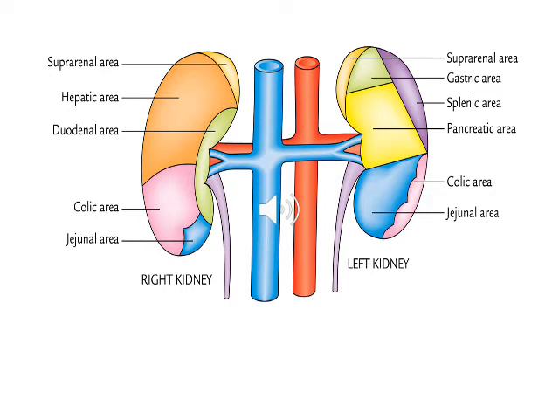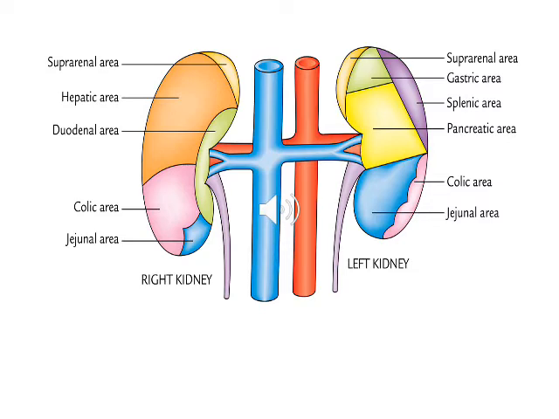Look at this picture carefully. You should know how to draw the anterior relations to the kidney. In the right kidney, the orange colored area is the hepatic area, which is related to the liver. The pinkish area is called the colic area.